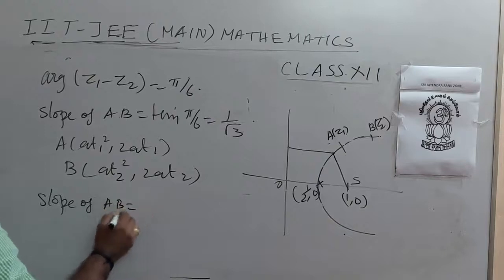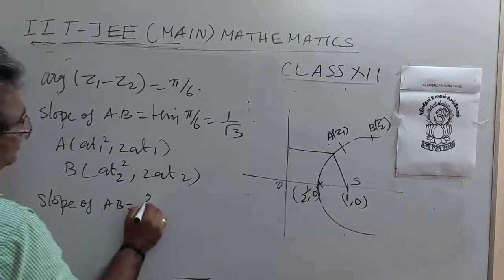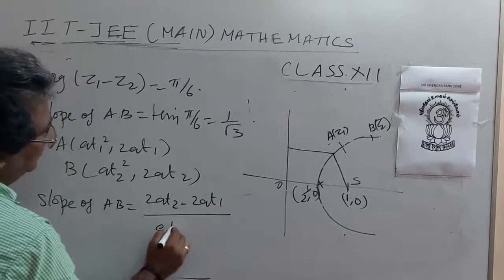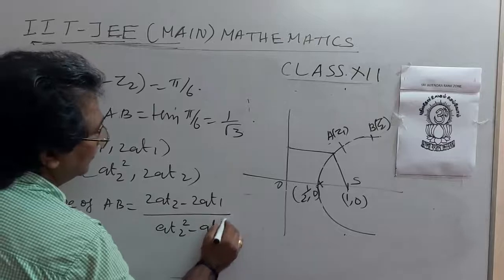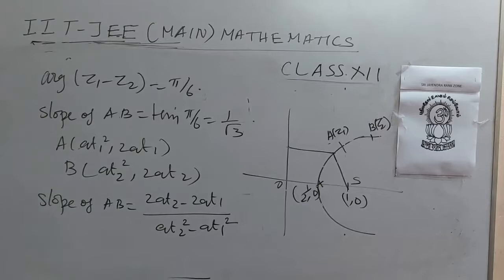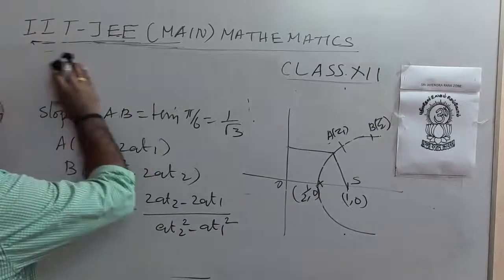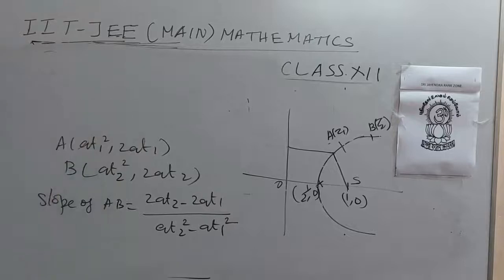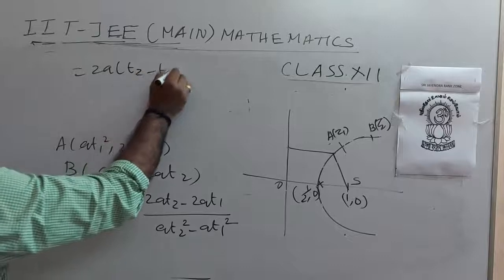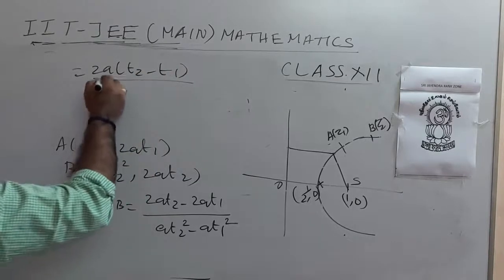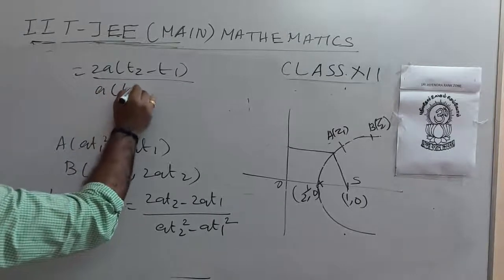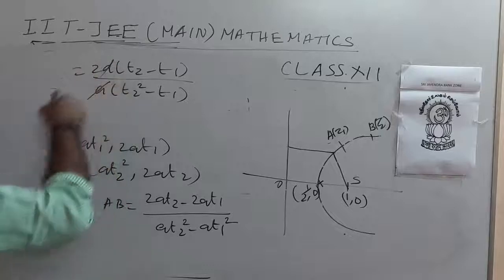Slope of AB, y2 minus y1 by x2 minus x1, equal to 2a into t2 minus t1 divided by a into t2 squared minus t1 squared.